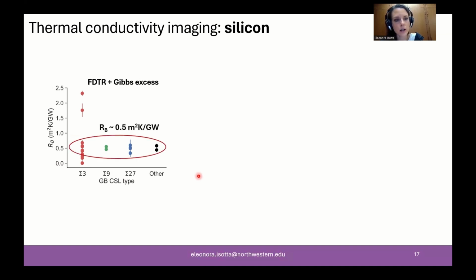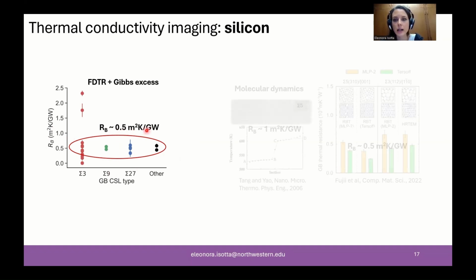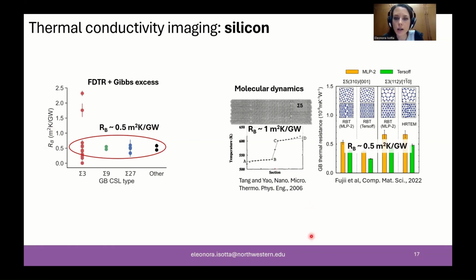Number one, most of the boundaries are clustered around this resistance value of 0.5 meter-square Kelvin per gigawatt. We don't really have experimental reports in the literature for individual boundaries. However, we do have molecular dynamics studies, and most of them are indeed on sigma type boundaries.